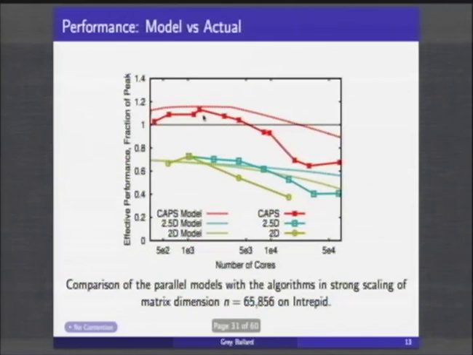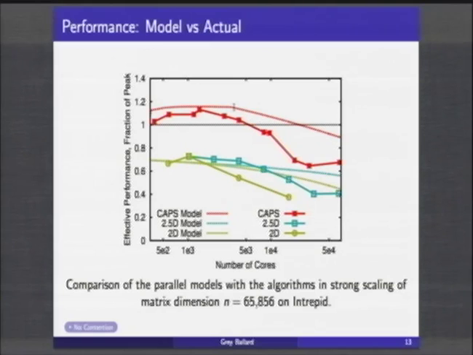But now let's look at how our theoretical model matches our actual performance. As I mentioned, we can see some amount of perfect strong scaling, so close to a horizontal line. But after a certain point, because of the two lower bounds that show up, communication costs cannot perfectly strong scale forever.